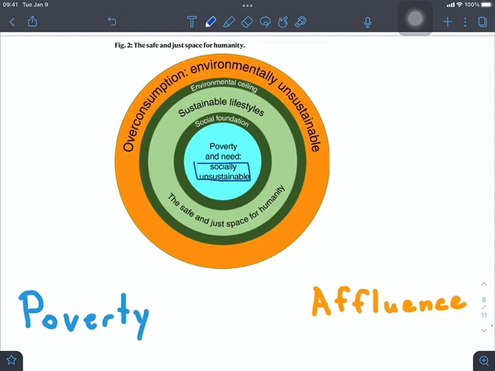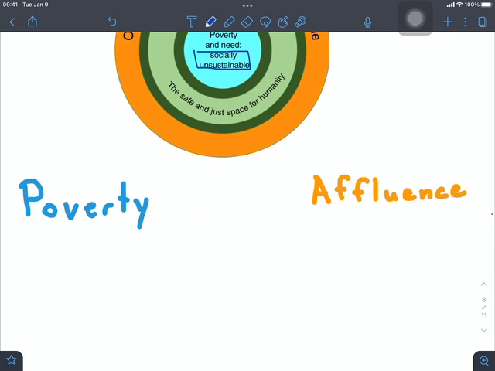On the other side, once we've established a strong social foundation, political foundation, we can overconsume and be environmentally unsustainable. So the problem with affluence is that it is not ecologically sustainable, and the problem with poverty is that it's not socially sustainable.